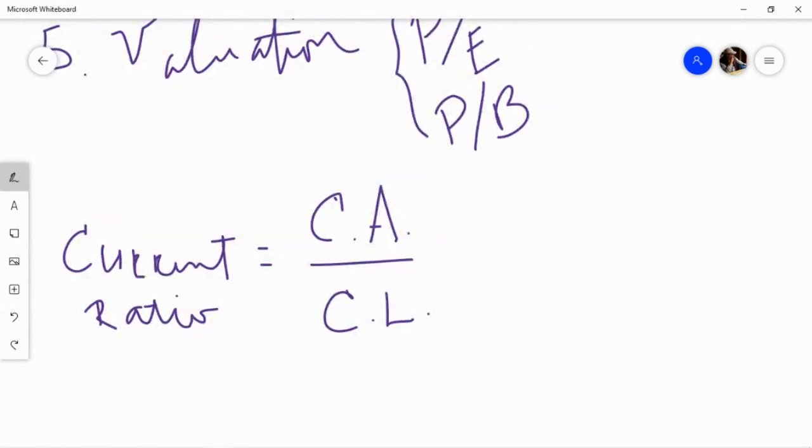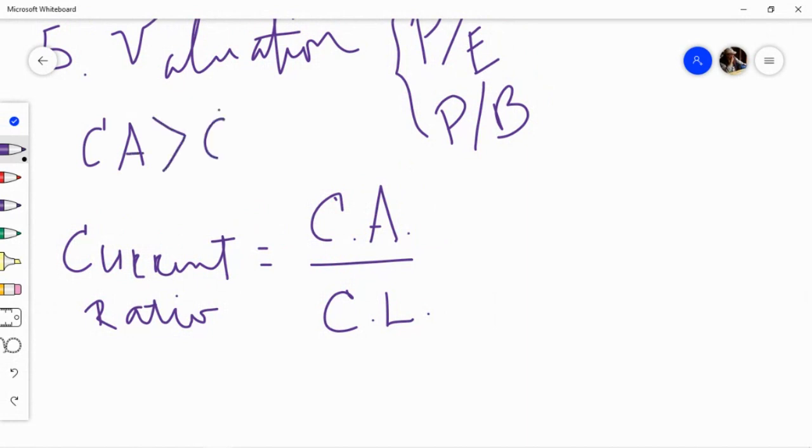So the bottom line is, of course, you will have to have more current assets than current liabilities. But if you think about it, the ratio between the two, if it is 1, what does that mean?